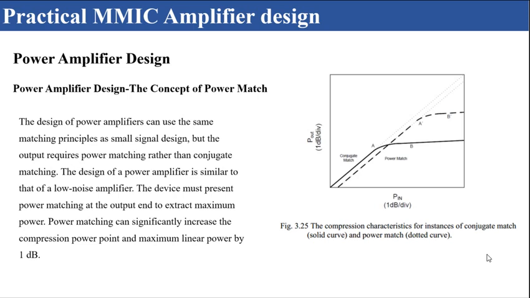The device must present power matching at the output end to extract maximum power. Power matching can significantly increase the compression power point and maximum linear power by 1 decibel.